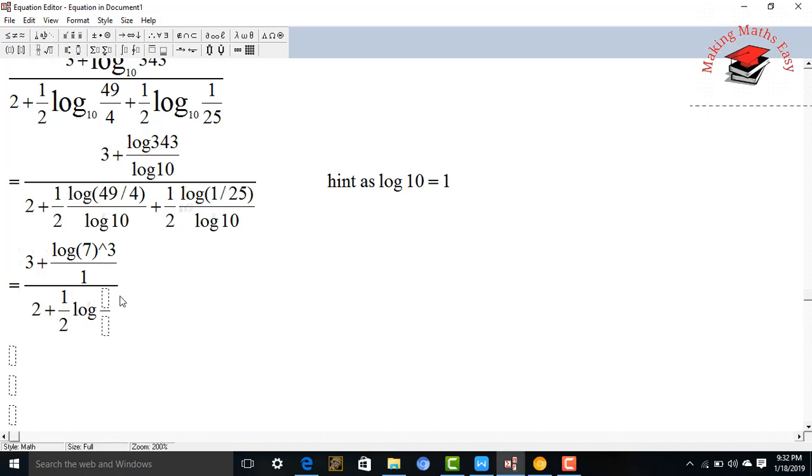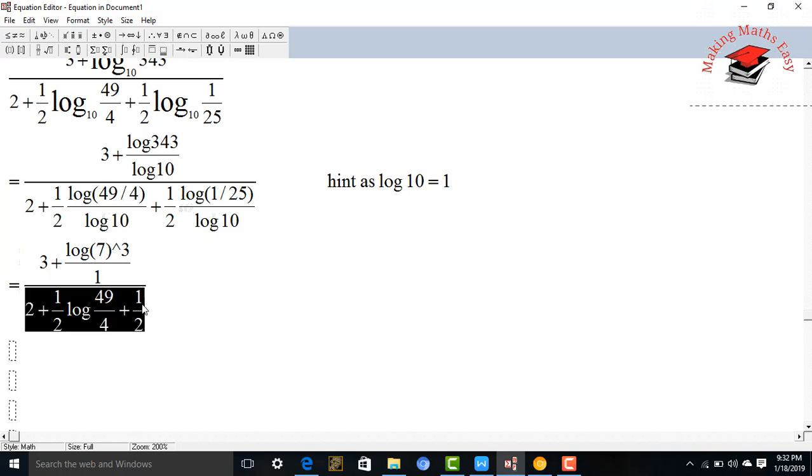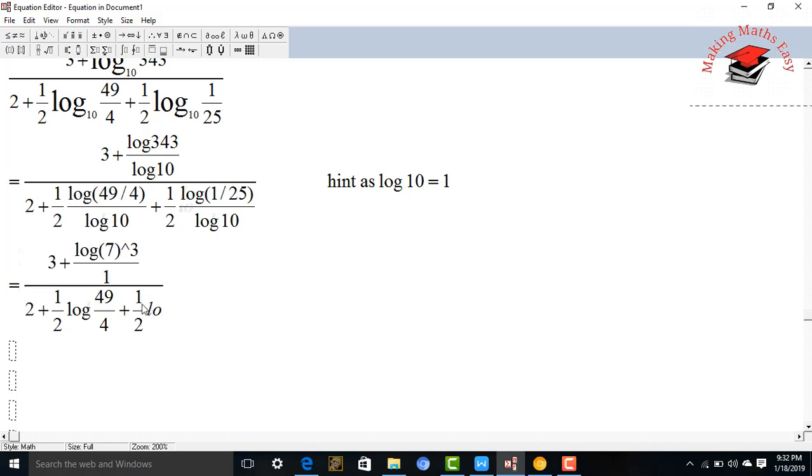49 divided by 4 divided by log 10, as log 10 value is 1, so we will keep it as it is. So no need to write 1, plus 1 by 2, 1 divided by 2 log of 1 divided by 25.